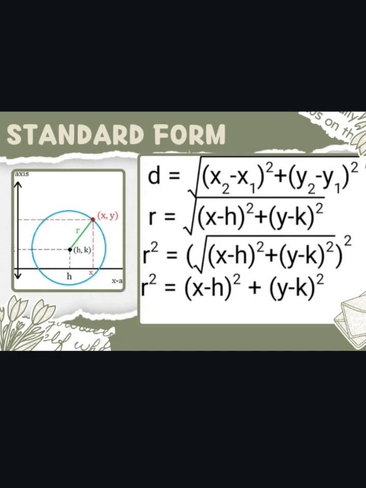Since naka-square root man siya, atong i-square sila both sides para matangtang nato ang square root. So, nahimo na siya nga r squared is equal to the quantity x minus h squared plus quantity y minus k squared, which is mao na siya ang standard form sa equation sa circle, where ang (h, k) mao na siya ang center and r is the radius.